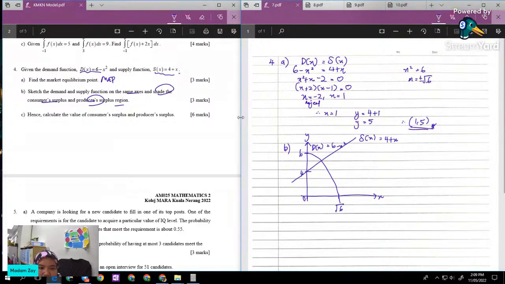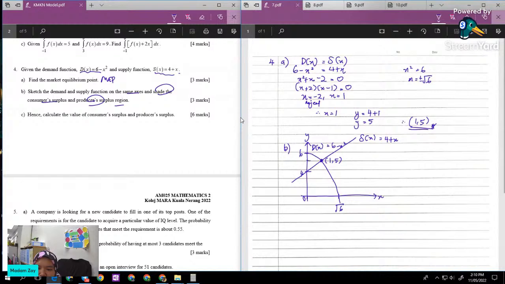And then seterusnya apa kita nak buat? Dah lukis. Kita nak kena shade the consumer surplus. Kat mana nak buat consumer surplus, producer surplus ni? First of all, you tahu the MEP, market equilibrium point, is the intersection between these two graphs. So this is our market equilibrium point, which is (1, 5). So sekarang macam mana nak bezakan kawasan CS dengan PS ni?